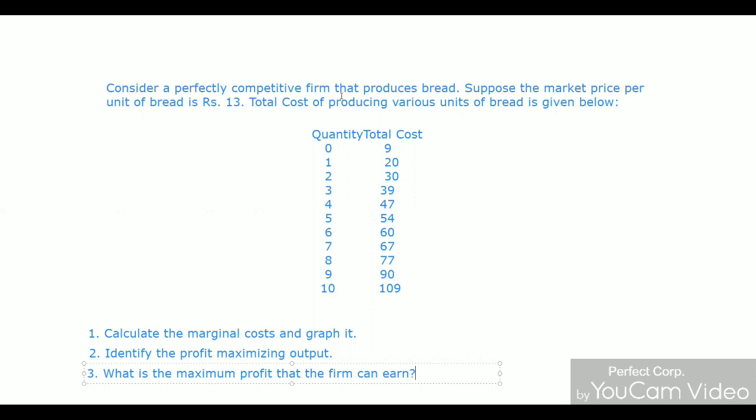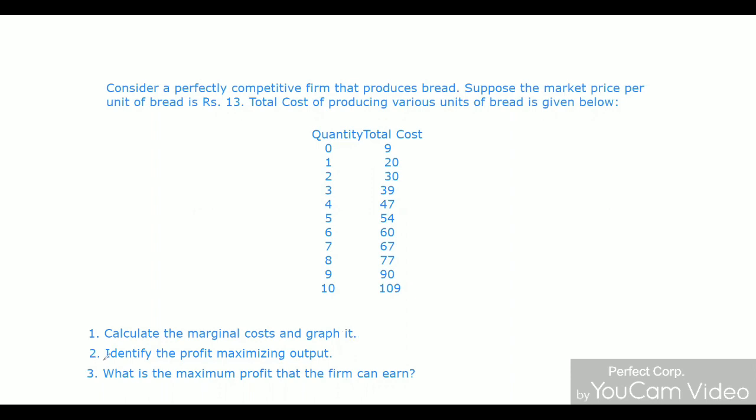The total cost for various units is given here, the quantities and the related total cost. On the basis of the given information, we are asked to find the values of the marginal cost for various units and to graph it, that is, make the marginal cost curve.